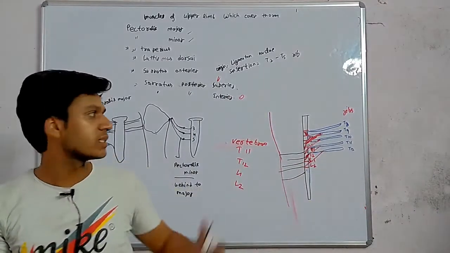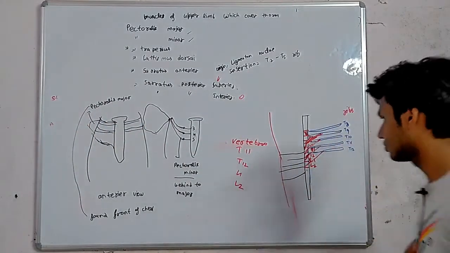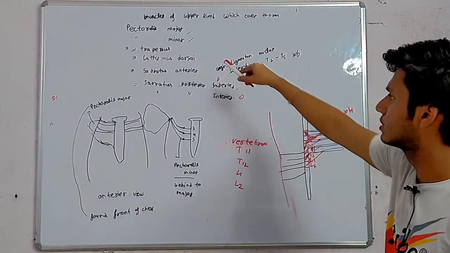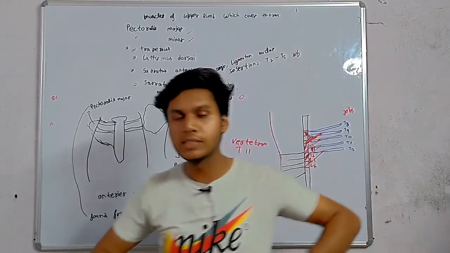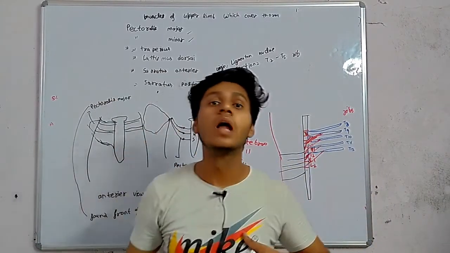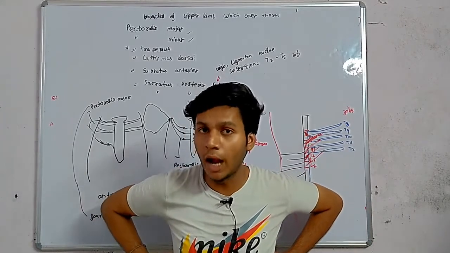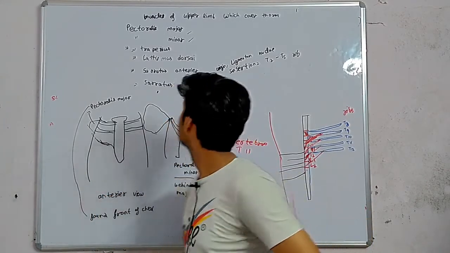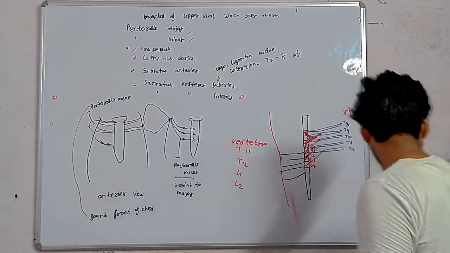Done. Thorax and lumbar region. So this is serratus posterior inferior. Then after this, serratus anterior, we know serratus anterior in the upper limb. It arises from the first 8 ribs, goes behind, and attaches to the medial border of the scapula. We know. So let's talk about the trapezius muscle.